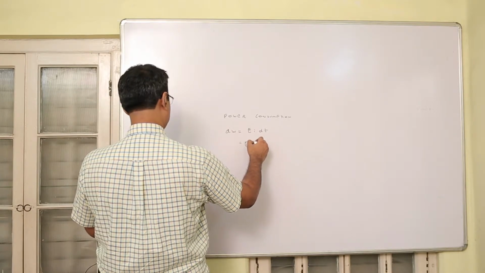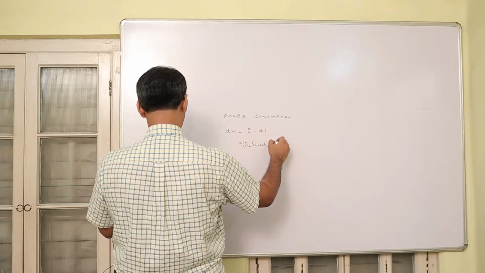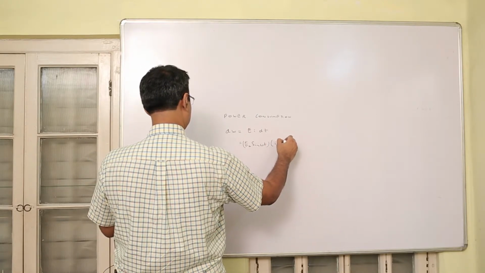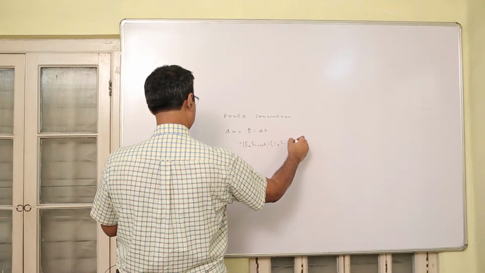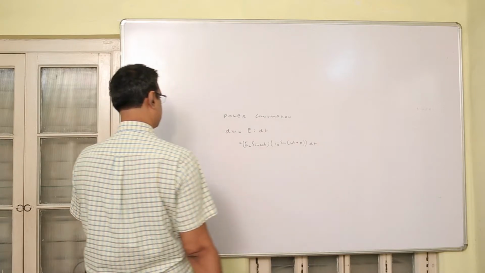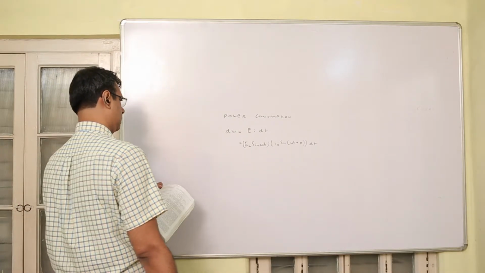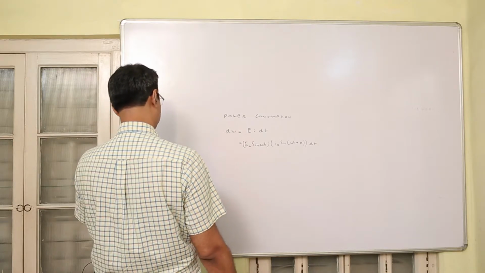So if you substitute the values, this is what you will get: E0 sine omega t into I0 sine omega t plus phi into dt.